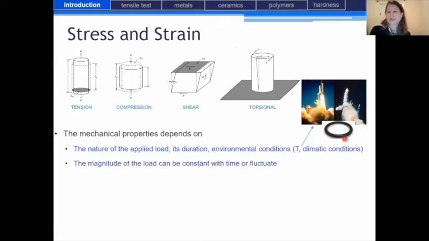And so depending on the temperature, the behavior of this material was different, and that's why this is an illustration of the fact that the mechanical properties of a material depend on the temperature. And it also depends on the magnitude of the load, and as I said, either it can be constant with time, or it can fluctuate.